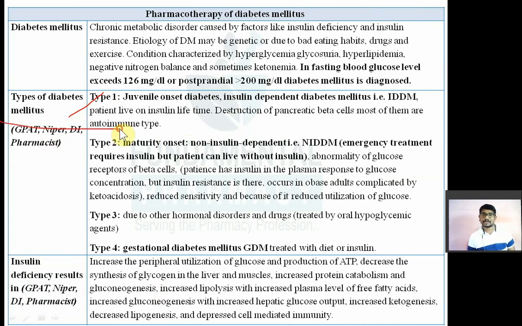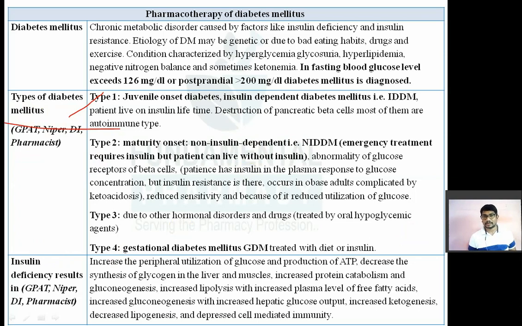So type 1 diabetes is the juvenile onset diabetes, or insulin dependent diabetes mellitus. This type of diabetes occurs in young children and young adults, so it is known as juvenile onset diabetes.